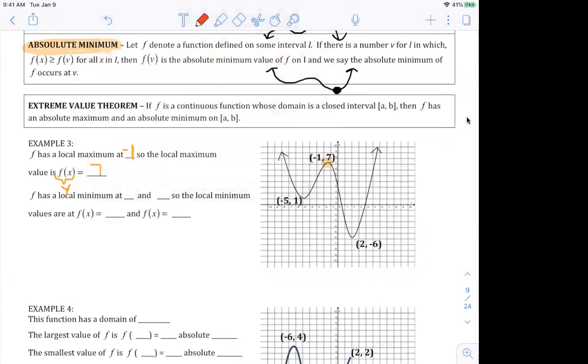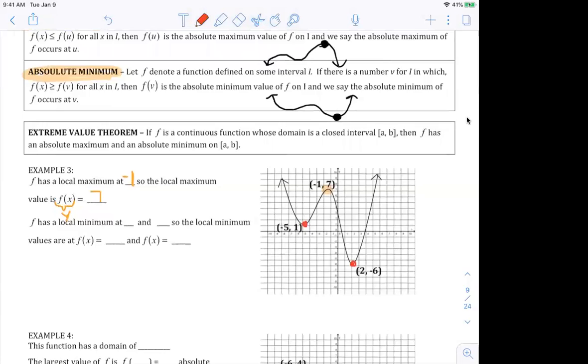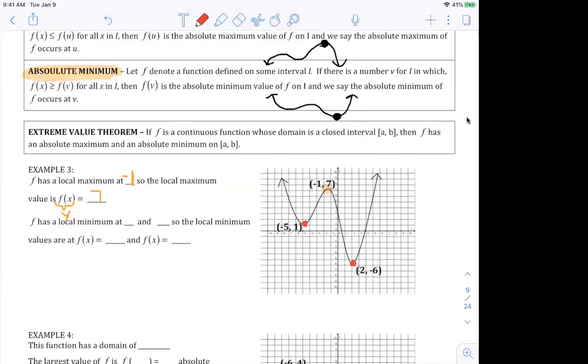If we take a look, there's two local, because remember you can have multiple for the locals. There's one here and one here. You're looking for the U's, right? So we have a local minimum at, you're going to name the x values here, -5 and 2. So again, I just took the x values here. And the local values are at, remember f of x just means y, when y is 1 and y is -6, which again, I pulled from right here.